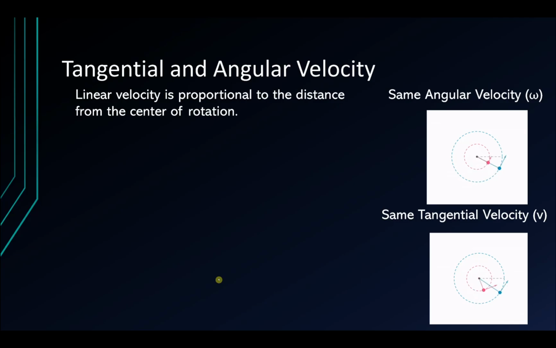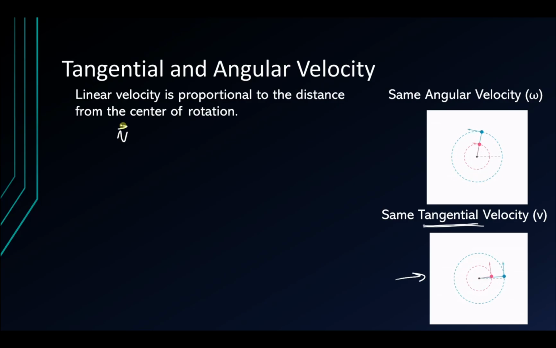So when we're talking about rotational motion, generally we consider the linear velocity to be tangential velocity. And this is because it is tangent to the circle, right? So we see here on the bottom the tangential velocities or the linear velocities of these objects. And the linear velocity is proportional to the distance from the center of rotation, right?